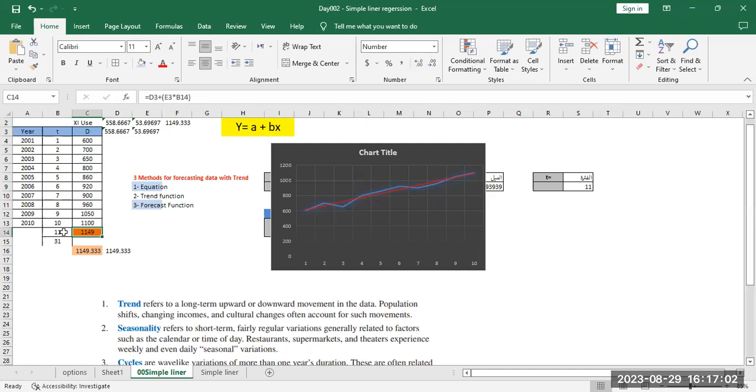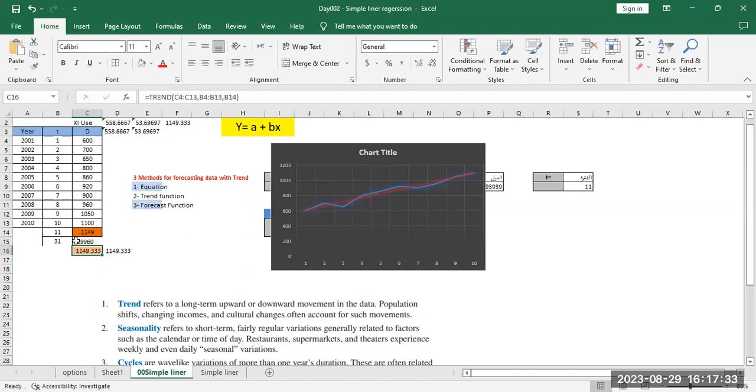Suppose you want to predict your sales in 2031. Now this is your forecast, because it's an old example, it's okay, no problem. But now you want to make a forecast for your sales during 2031. What you have to do is apply the same thing. It's a, plus b slope times our period, this one. To be on the safe side, let's make our brackets, and here we go.